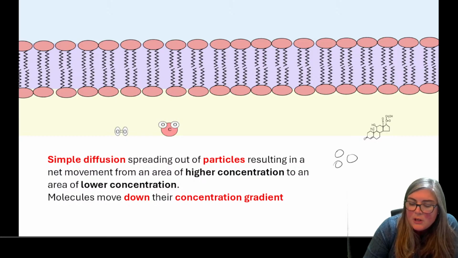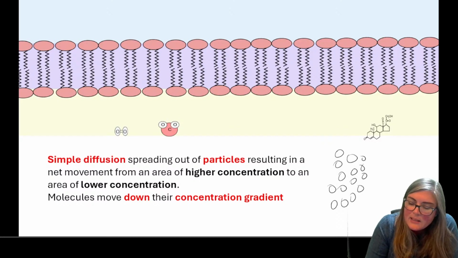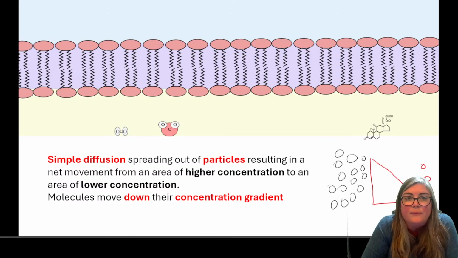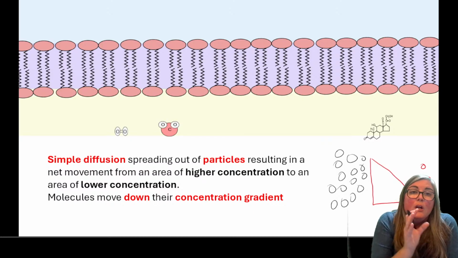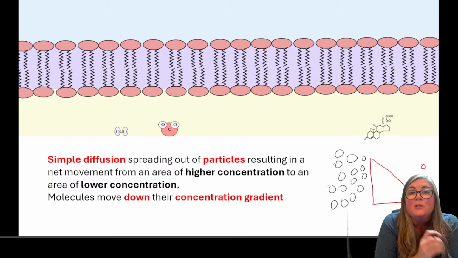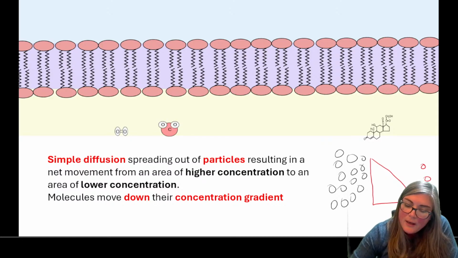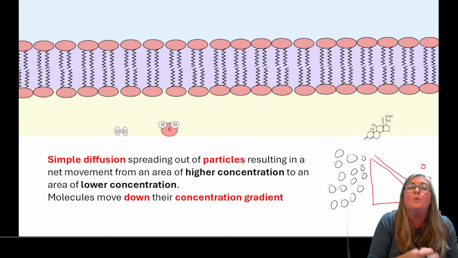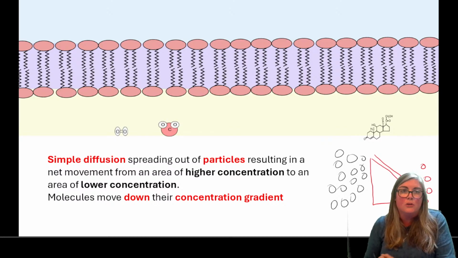So if you imagine that you have a whole load of particles on one side and a few particles on another side, then we have a gradient between one side and the other. So we are talking about the movement of these particles from a high concentration to a lower concentration, therefore it's going down the concentration gradient.